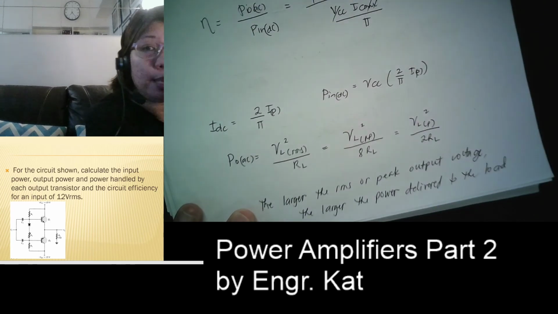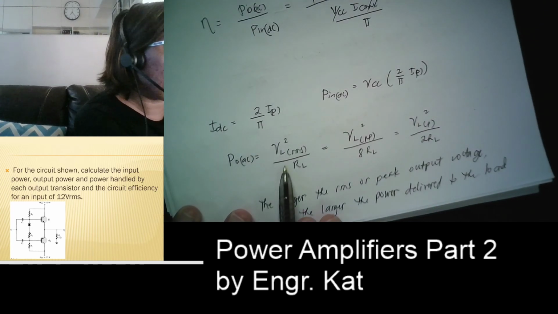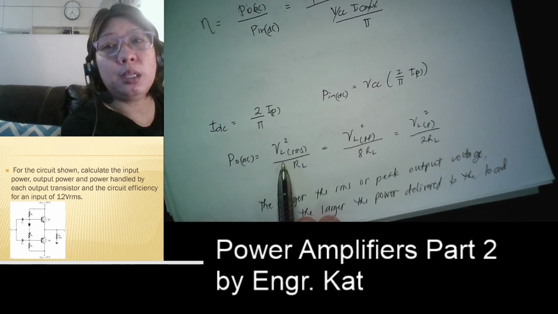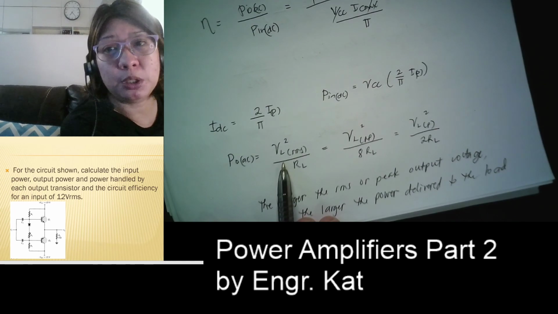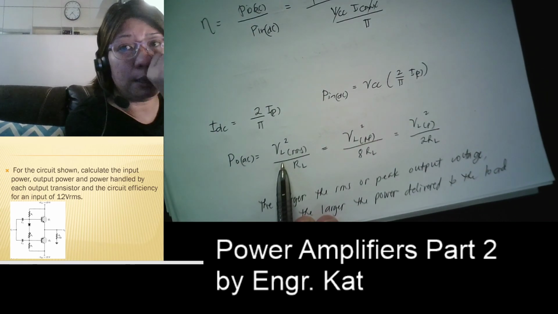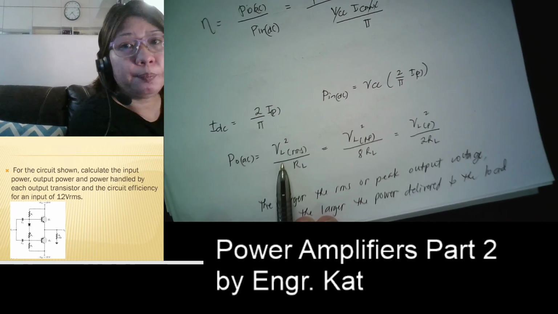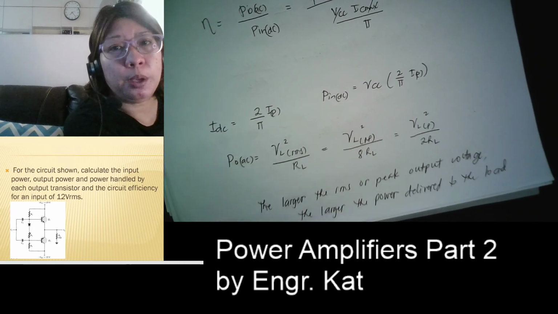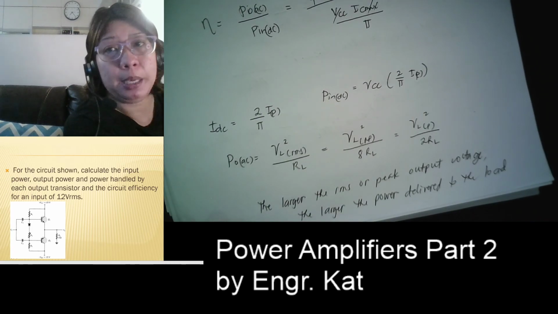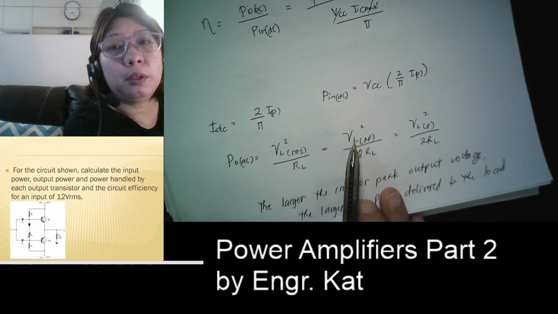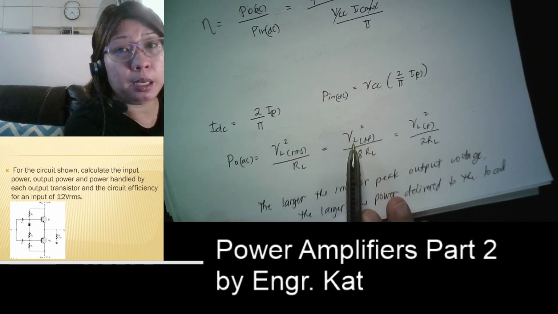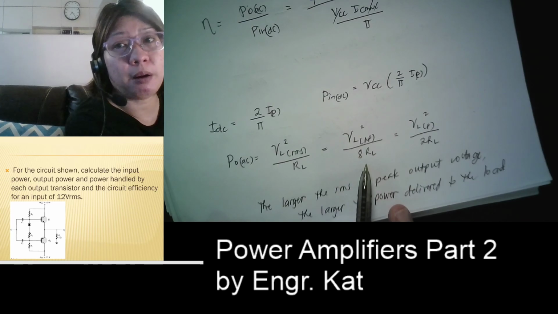So your POAC here is equivalent to VL, the voltage transferred across your load in RMS, squared, divided by RL. If we make use of peak to peak, that becomes the load voltage peak to peak squared divided by 8 RL.